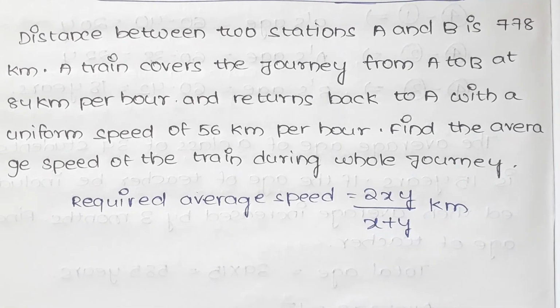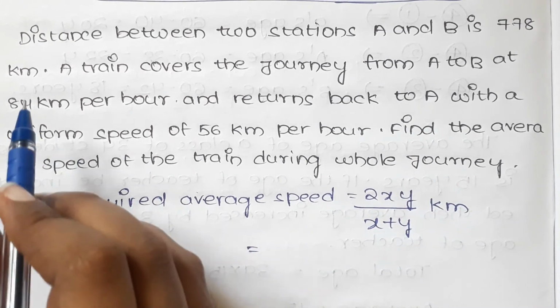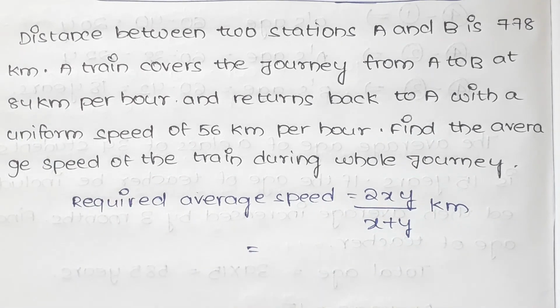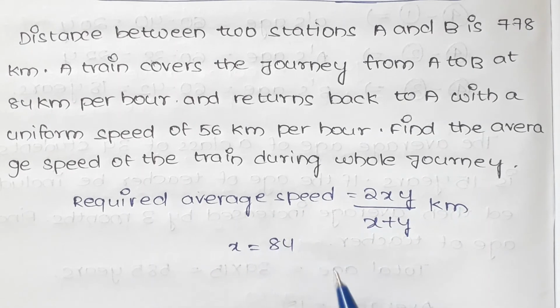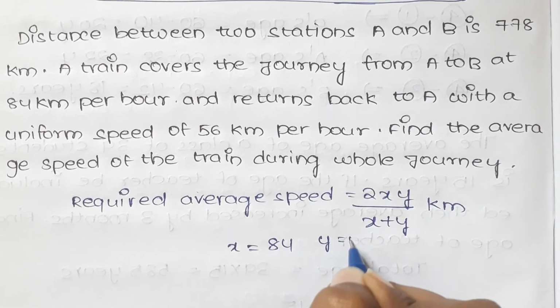This is the formula to find the speed. Here x is nothing but the speed when the train goes from A to B, that is 84 kilometers per hour. That is, x is nothing but 84. And similarly, when it returns from B to A with the uniform speed of 56, y is nothing but 56.